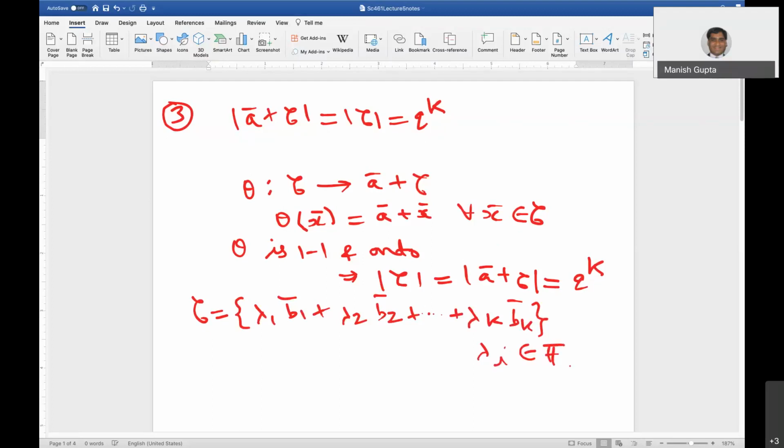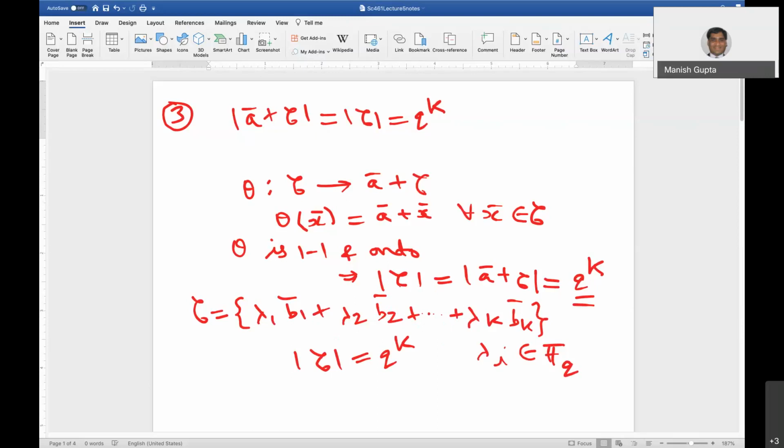Fq is a field with q number of elements. The total choices are q raised to power k. So the cardinality of C is nothing but q raised to power k. Basically, each coset has the same size, q raised to power k. This is a very fundamental result.